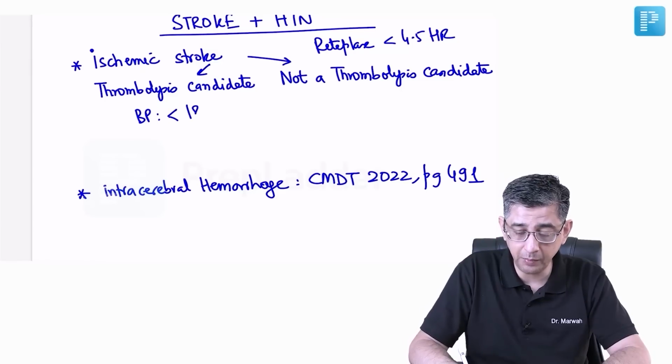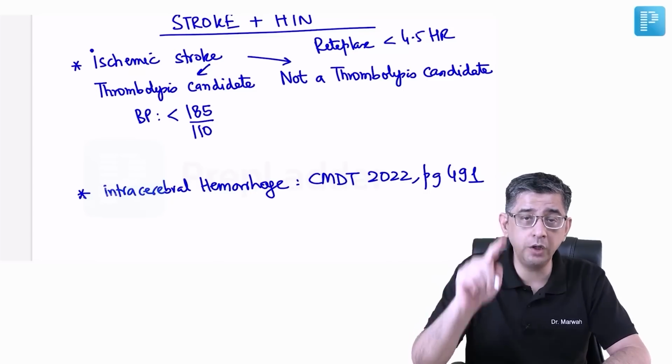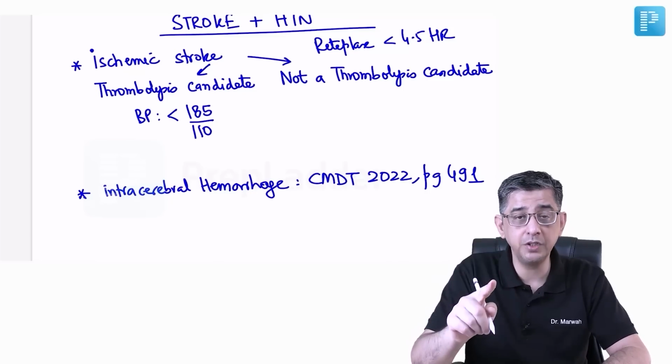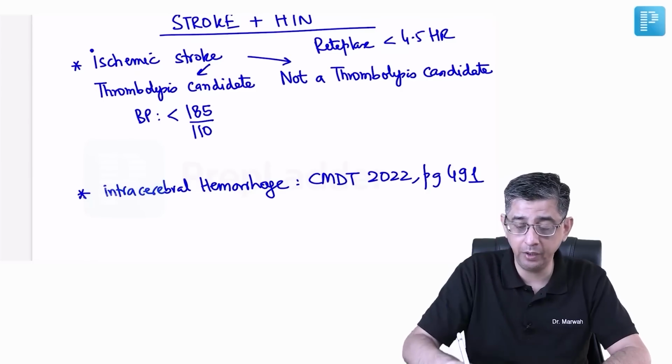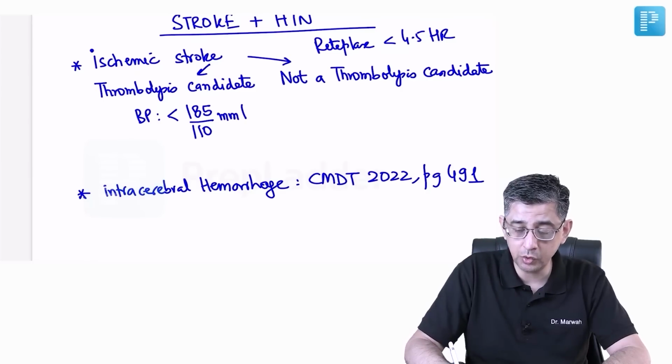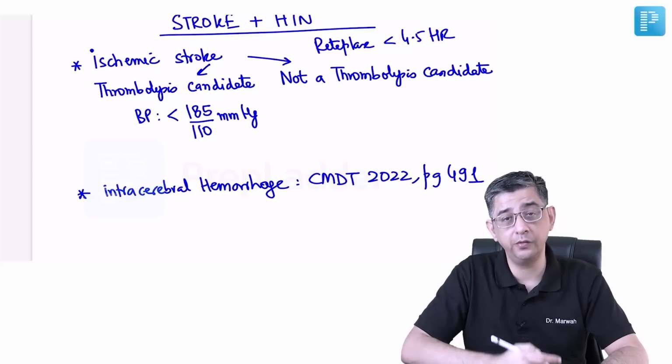In fact, in the exam, he has said blood pressure more than how much, listen to my words carefully, blood pressure more than how much would you not do thrombolysis? Blood pressure, if more than 185/110 millimeter of mercury, you are not supposed to do thrombolysis. Immediately, first lower the BP, then do thrombolysis.